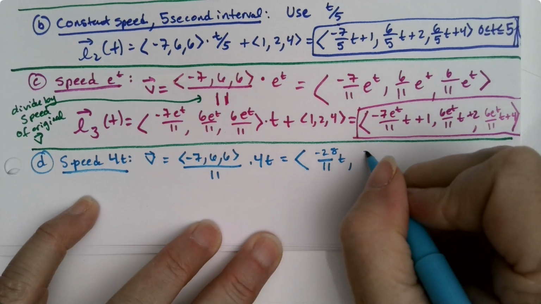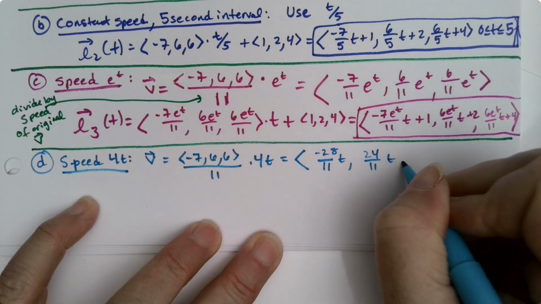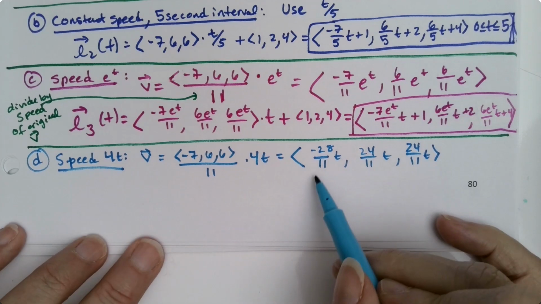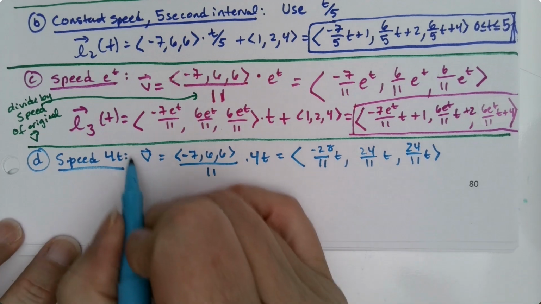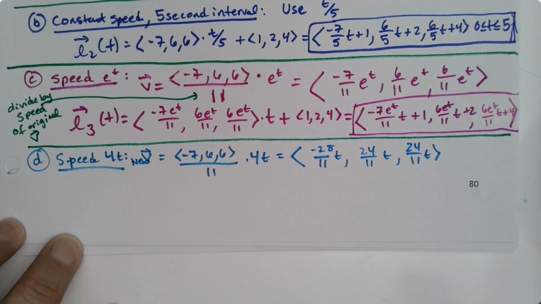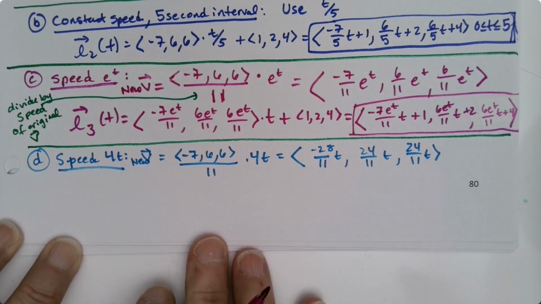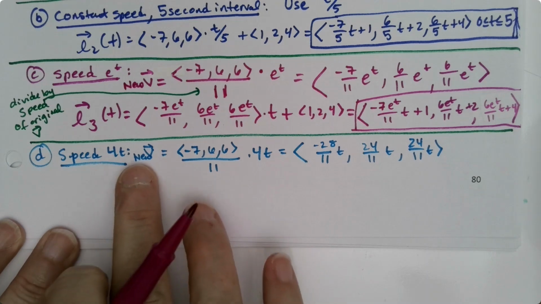So 24 over 11 t, and then 24 over 11 t, right? That would be our new direction vector. It's in the same general direction as the direction vector of old, but it's got a different pace to it. So those are new direction vectors.